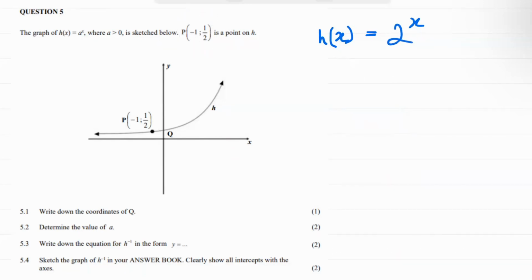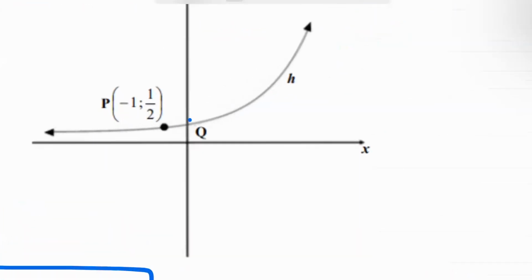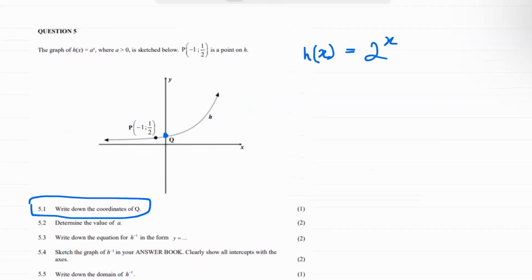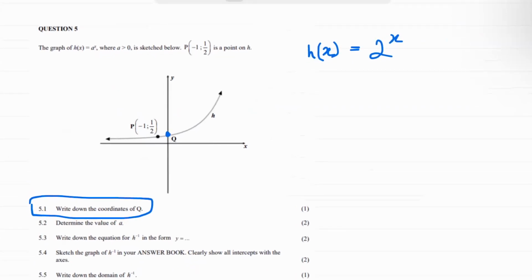Now, my first question is actually write down the coordinates of Q. And they kind of didn't point out where Q is. They just placed it near this y-axis. So I'm assuming, because there's no specified statement here, that Q is the y-intercept of the graph.